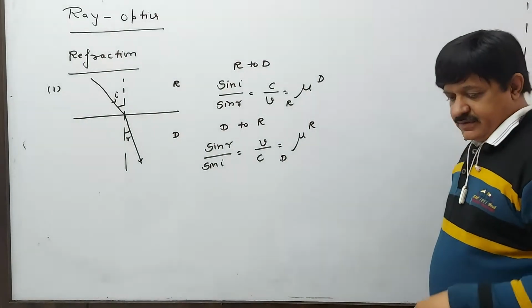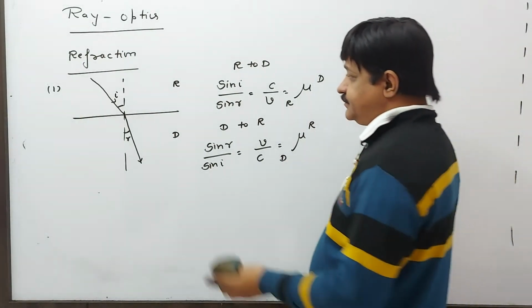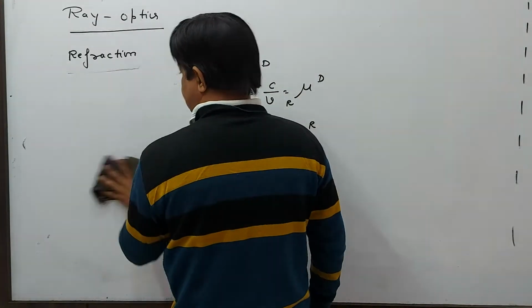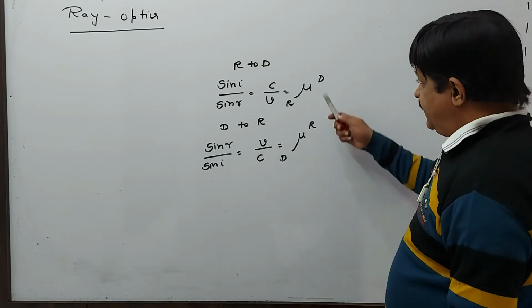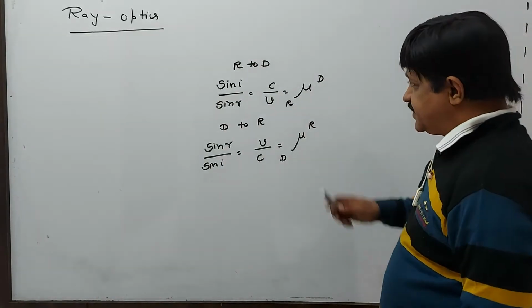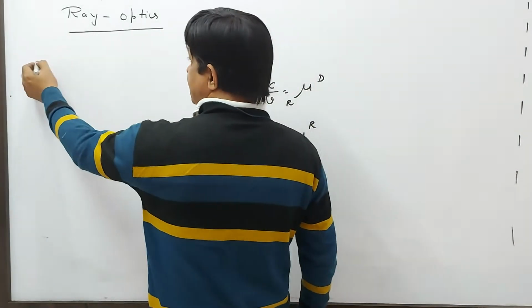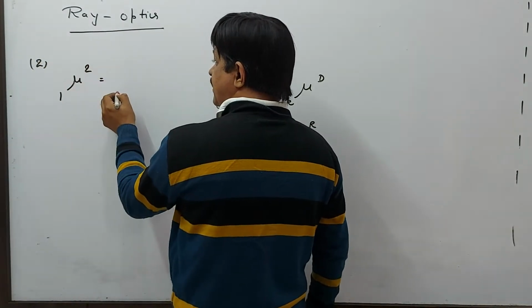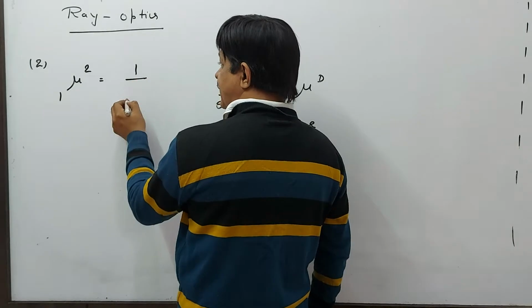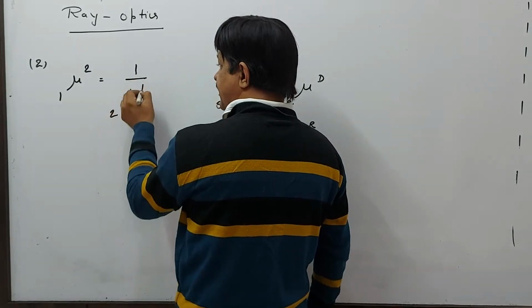Number 2 concept. If you visualize these two expressions, you can clearly see 1 mu 2 is always equal to 1 upon 2 mu 1.